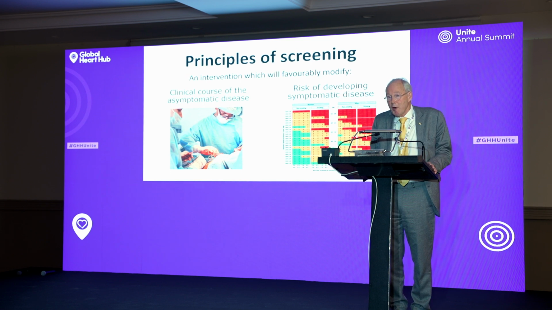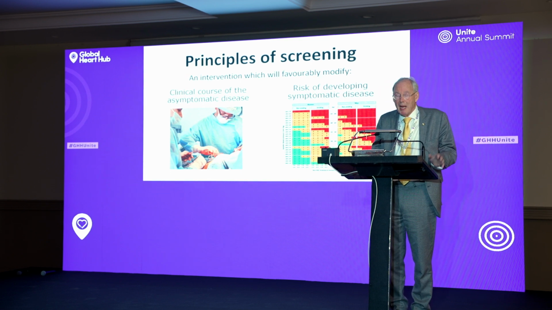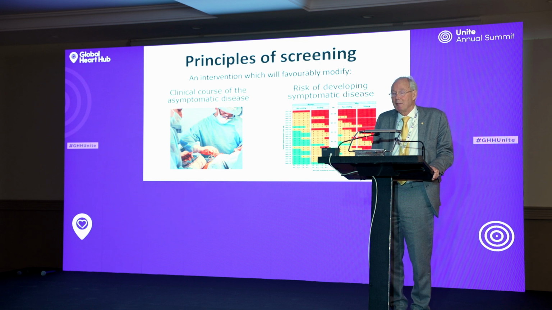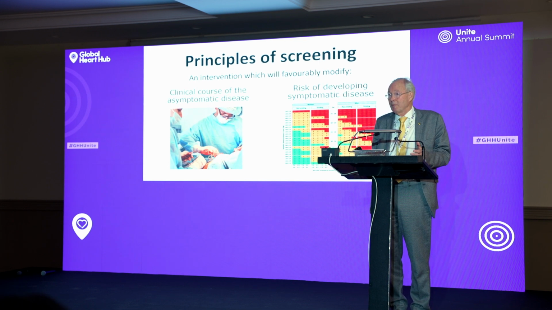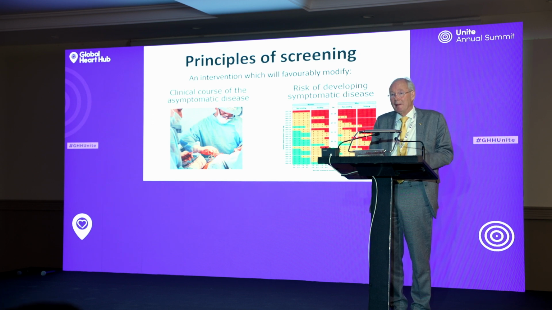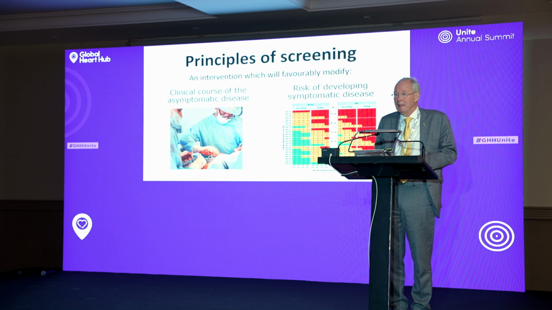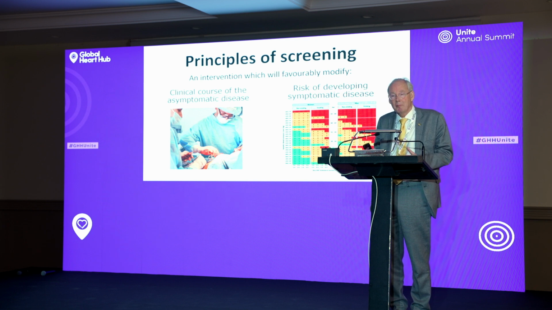So we can screen for disease, we can detect coronary artery calcium in asymptomatic individuals, and we can measure risk factors and calculate their total risk of developing cardiovascular disease over a defined period of time, 10 years.